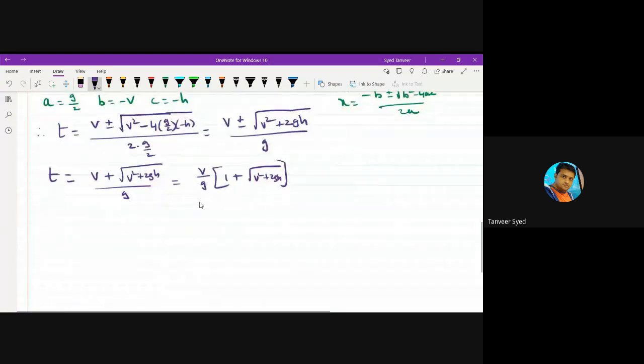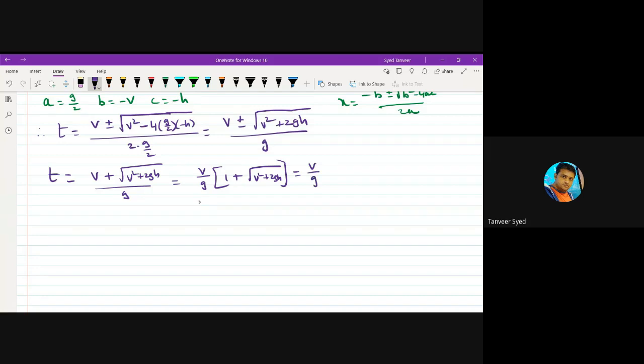That means you should take v square inside the root also out. V by g into 1 plus, if v comes out, v square comes out, it becomes v root of 1 plus 2gh by v square.